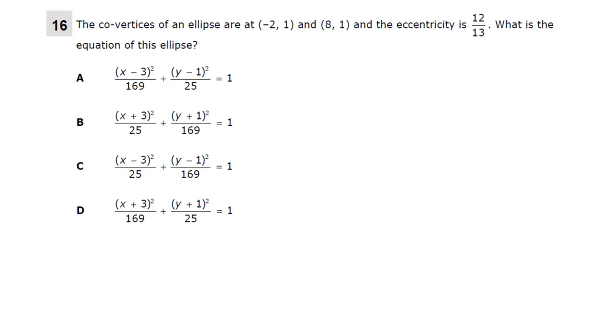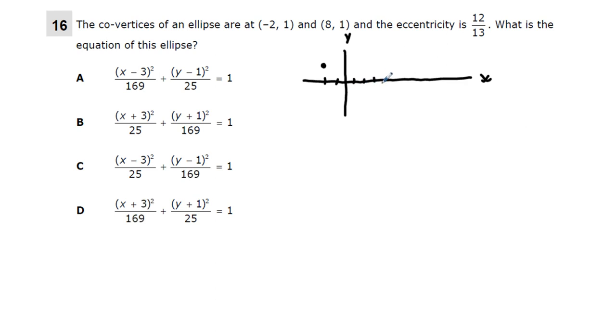The co-vertices of an ellipse are at negative 2, 1 and 8, 1, and the eccentricity is 12/13. What is the equation of the ellipse? Again, like I did earlier, I recommend drawing a little picture here. So here's my XY coordinate plane, and we have negative 2, 1 for one vertex, and then we have 8, 1.